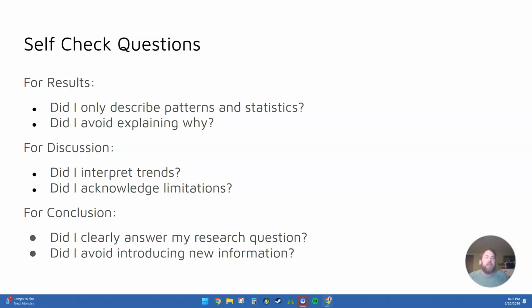These are some self-check questions that you might have for yourself to be able to understand whether or not you have strayed away from writing a results section, a discussion section, or a conclusion section. For results, ask yourself, did I only describe patterns and statistics? And did I avoid explaining why?